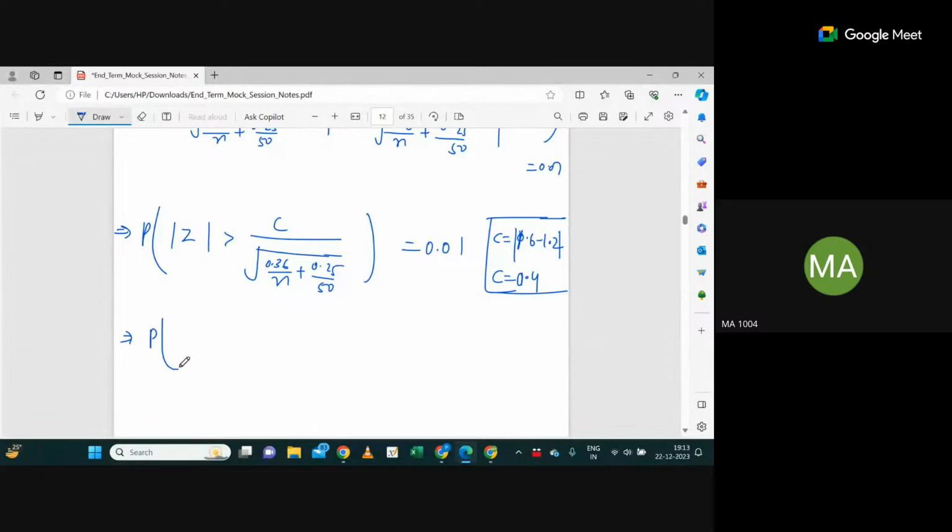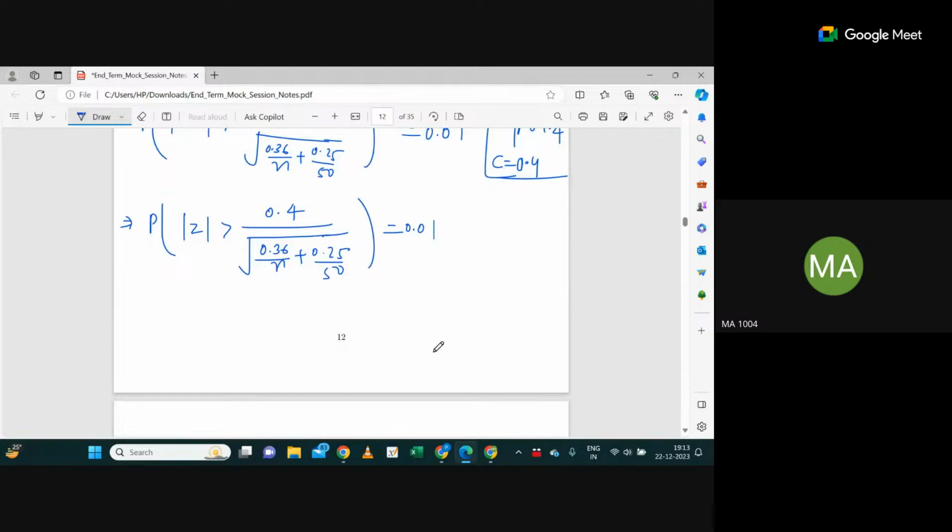Let me write it down: modulus of G greater than 0.4 divided by square root of 0.36 divided by n plus 0.25 divided by 50. Now tell me, what should I do now? It's not only G, I will write 1 minus probability Z less or equal. What should I do now?